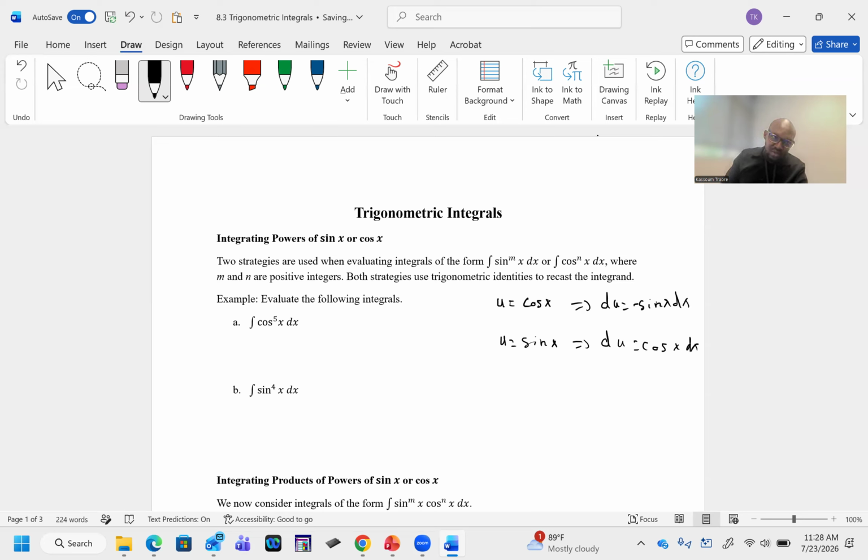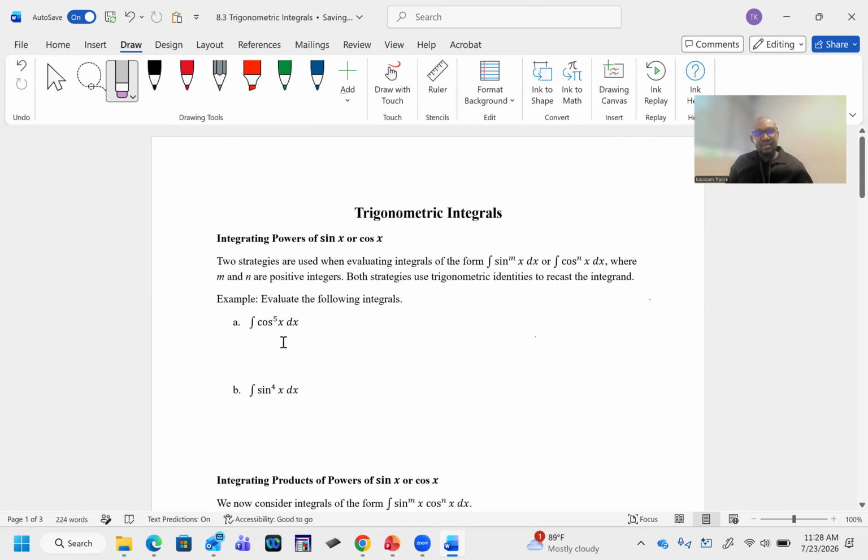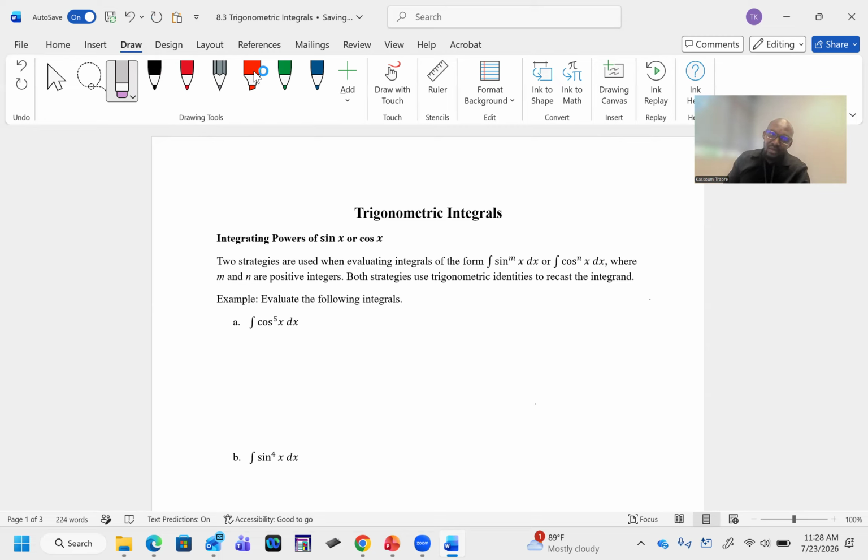So now look at our first example. We are asked to integrate cosine to the power of 5 x dx. For me to integrate this one, my first step will be to remember that cosine square x is what? 1 minus sine square of x, right?